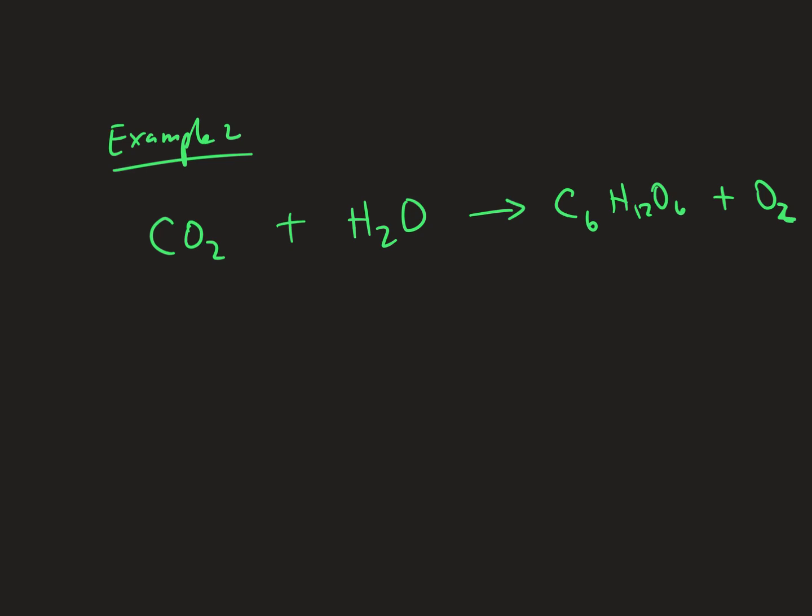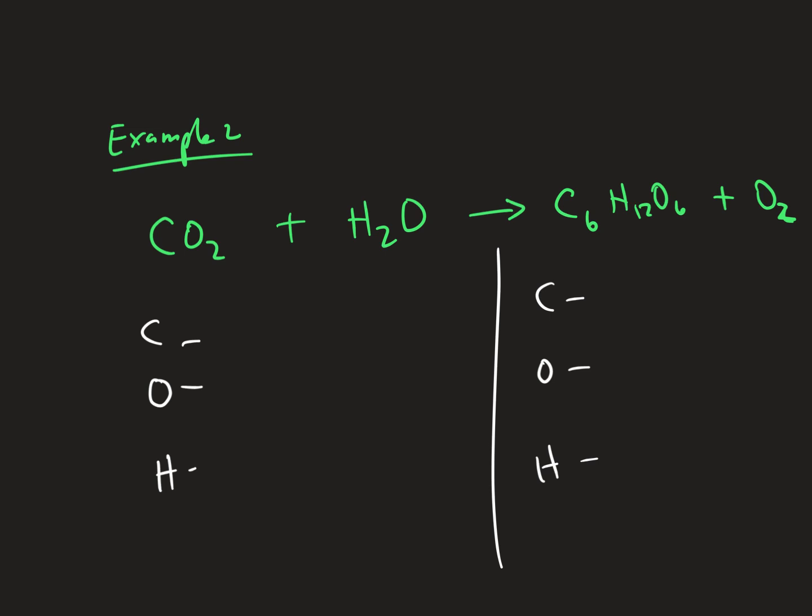All right, so do you guys like showing your work? Does that help? Then do it. Okay, so we have carbon, oxygen, and hydrogen on each side. Which compound should we start with? Carbon? That's an element. Which compound should we start with? Carbon dioxide? What do you think?